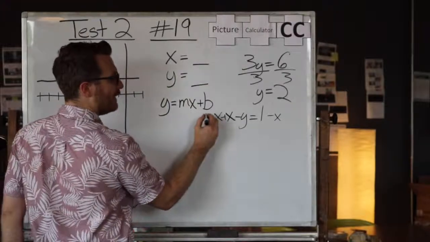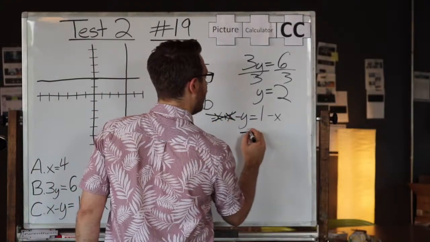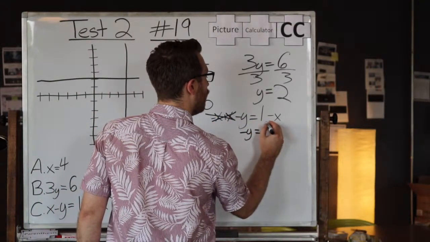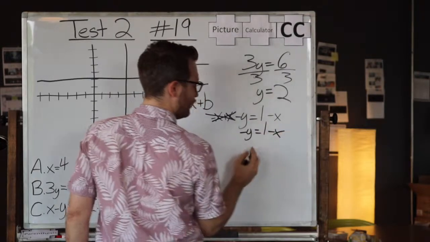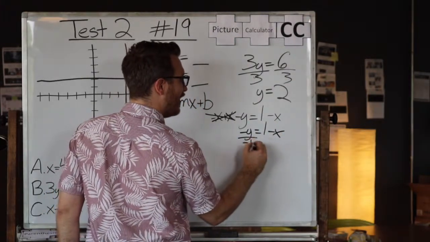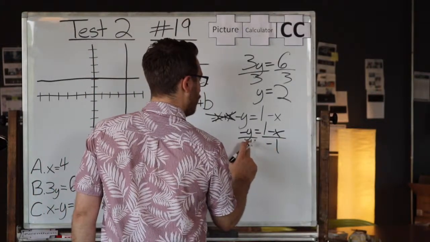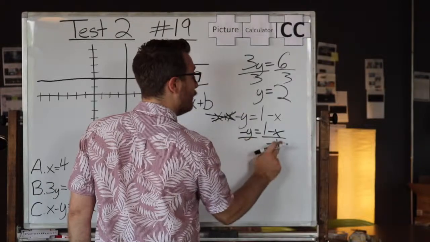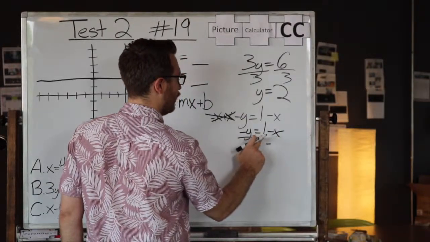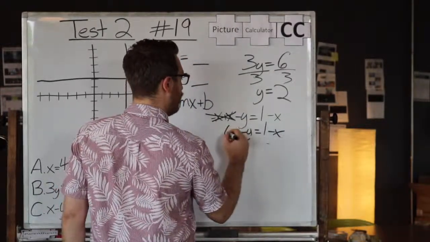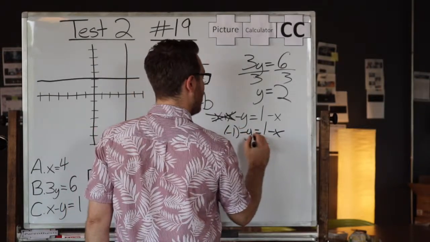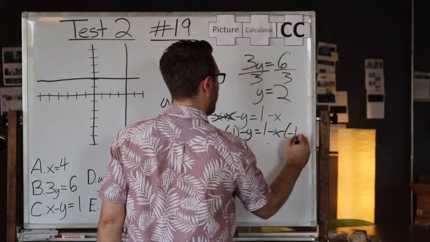So negative x over here, x's cancel out, I have negative y equals 1 minus x. Now, if I want to get rid of that negative, I can multiply both sides by negative 1. Sorry, y'all. Negative 1 on both sides is going to make that y positive.